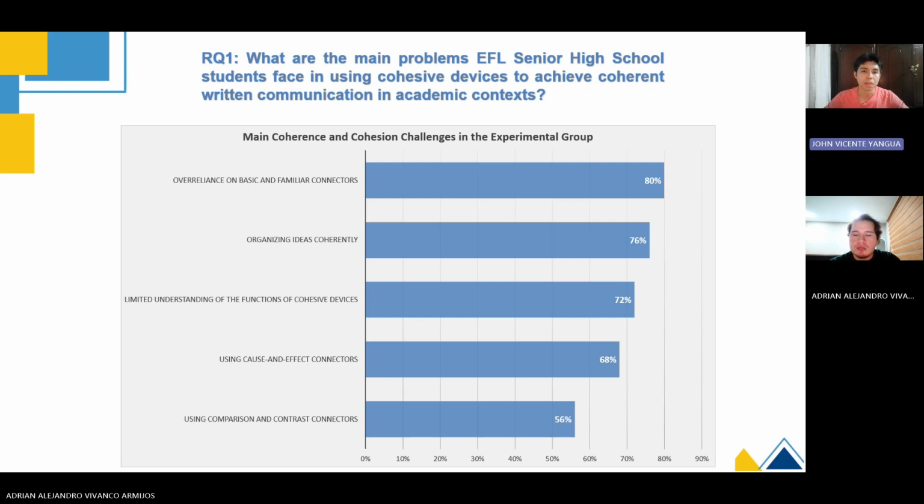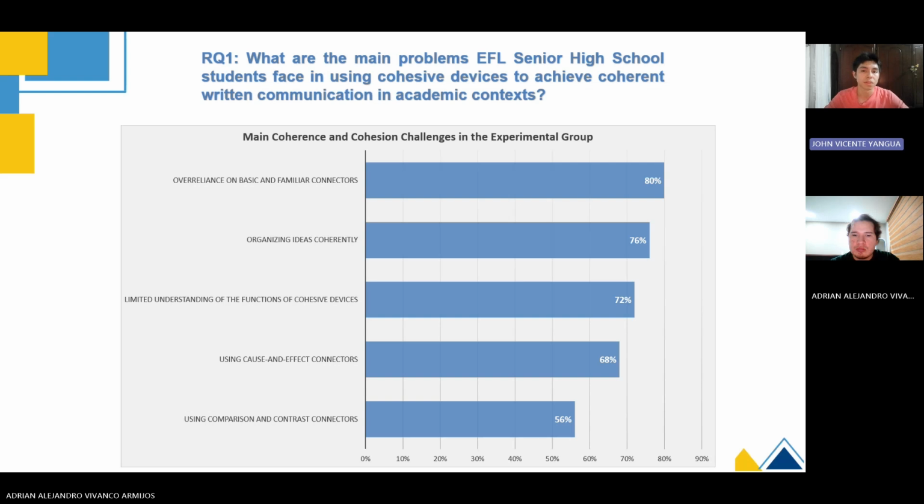One possible explanation is that these connectors are introduced during the early stage of English learning, whereas more academic connectors receive considerably less instructional attention.